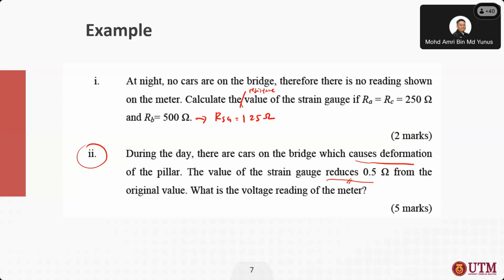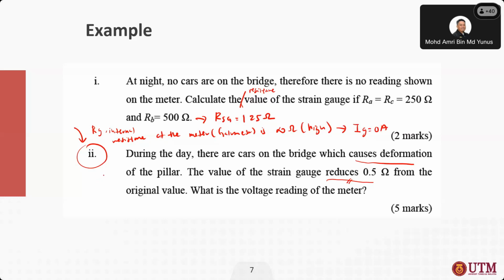Okay, but this question 2 is only applicable if RG, the internal resistance of the meter or galvanometer, is infinity ohm or high, which means that in any condition the current IG will remain at 0 ampere.